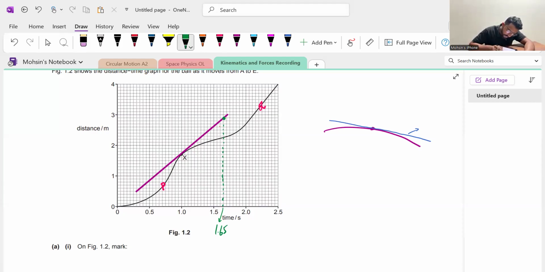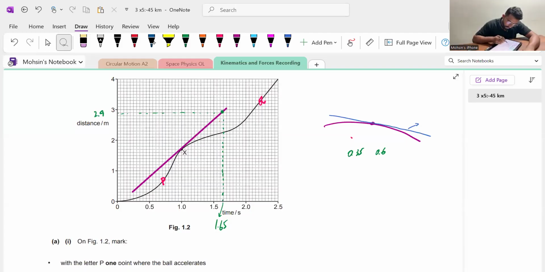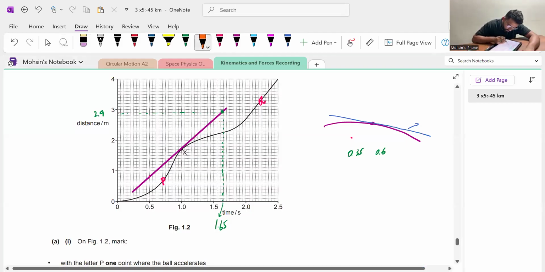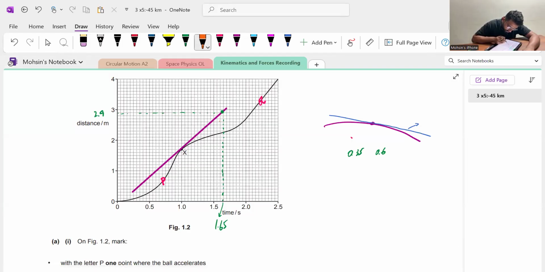And on the y-axis I'm getting 2.9, and this is the point we have 0.3, and at 0.3 here we have 0.4.